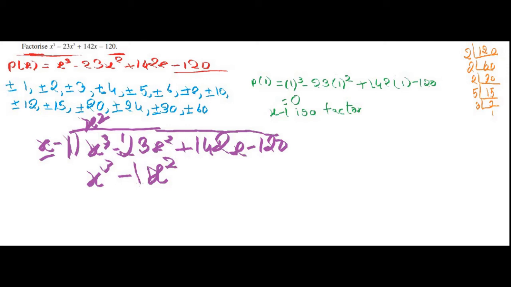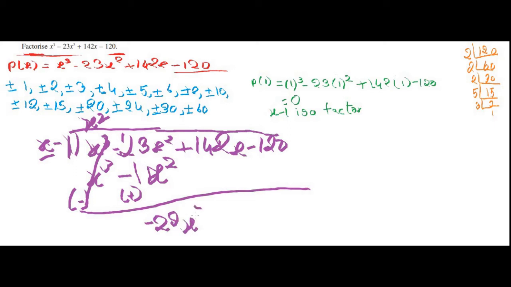So now we have to change the signs: minus becomes plus, plus becomes minus. Then this term gets cancelled out, and minus 23x square plus x square would be just minus 22x square, and this term is as it is.